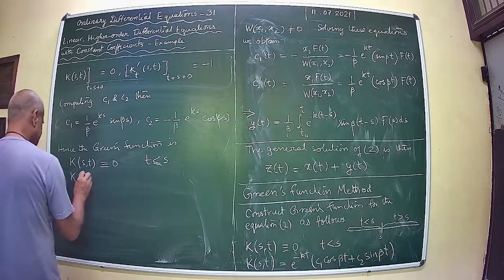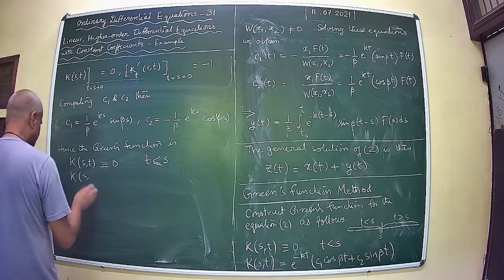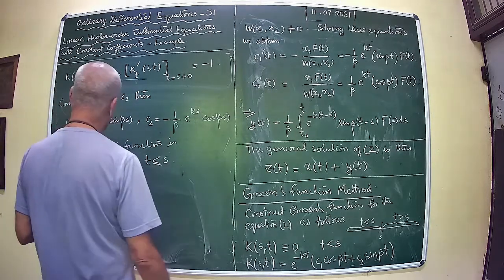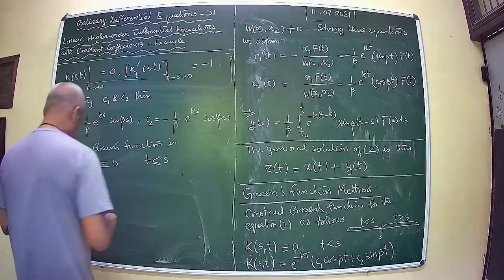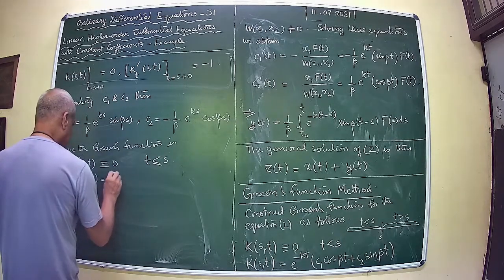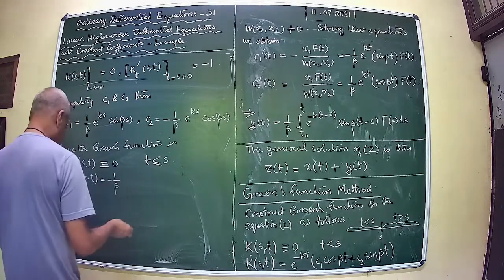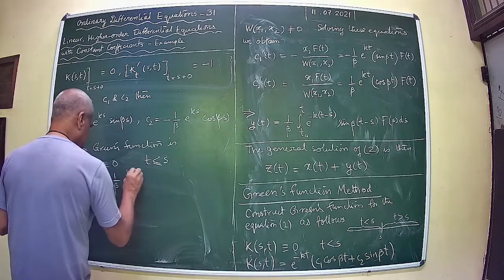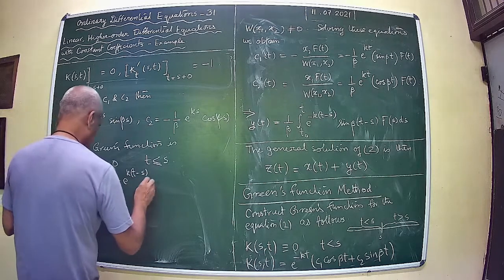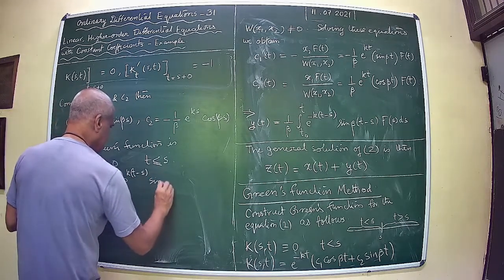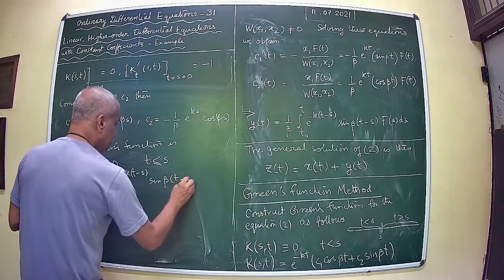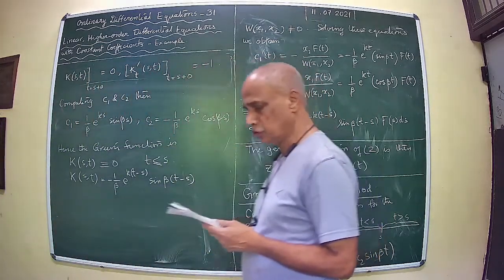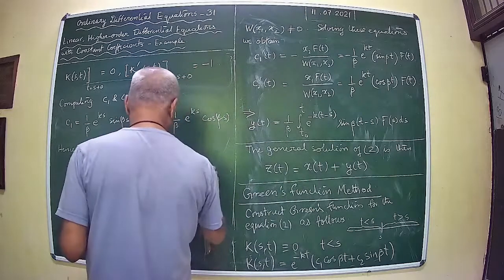We get it continuous here because you are working on a second order equation, so we are insisting on the jump discontinuity only for the first derivative. So this is equal to minus 1 by beta e to the power k into t minus s. This you verify and ensure that this is correct.